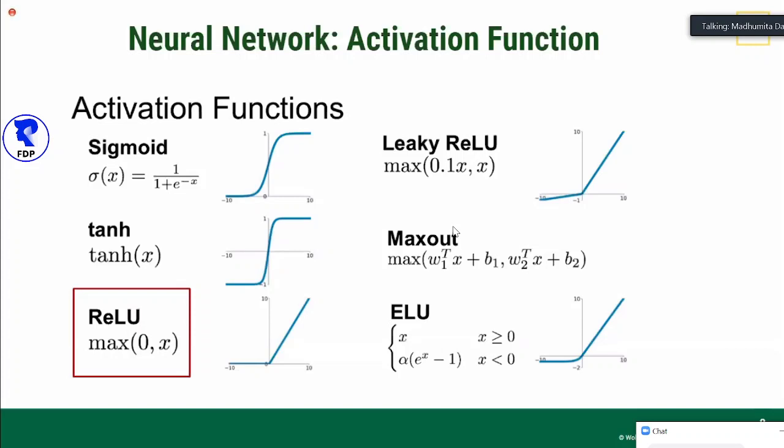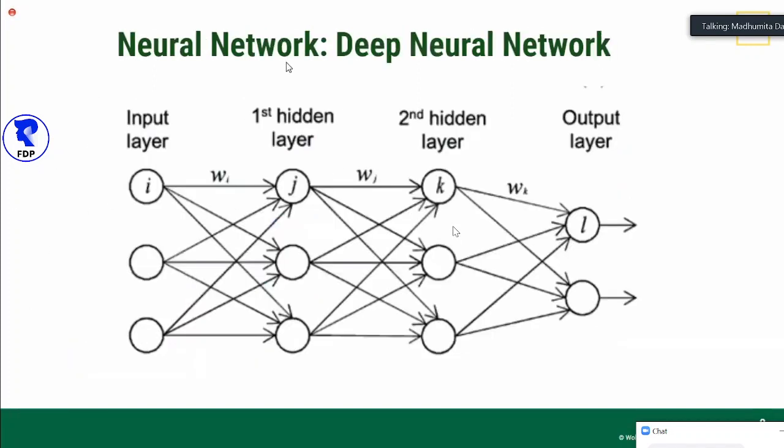Each activation function has its own advantages and disadvantages, but for the sake of this session, it's not required to know in detail the mathematics behind how these functions work. So the next thing is, the previous example I showed was actually a shallow network.